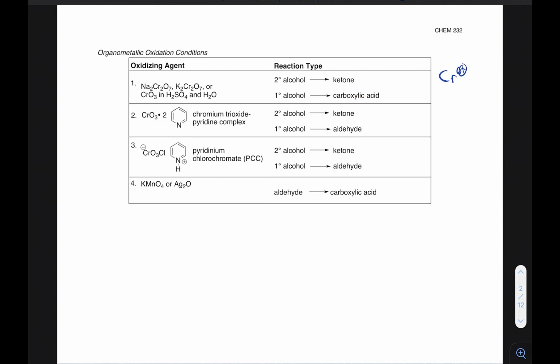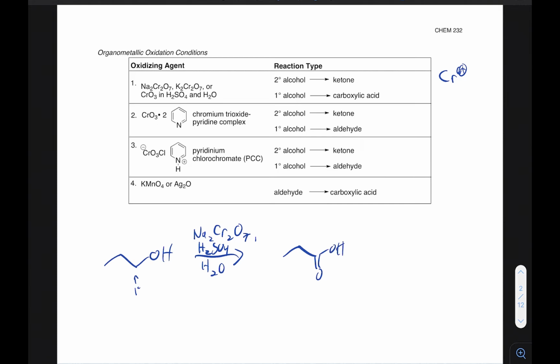So if we were to, for example, take a primary alcohol here and react it with this chromium compound with H2SO4 and water, and we're not worrying about the mechanism here, these mechanisms for inorganics are a little bit complicated and beyond what we're learning, we can go from a primary alcohol to a carboxylic acid, just like this.